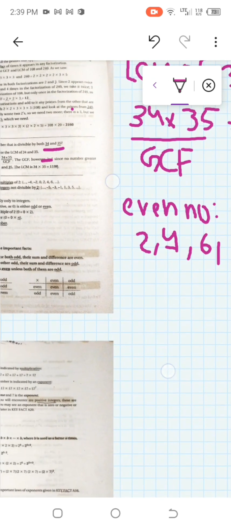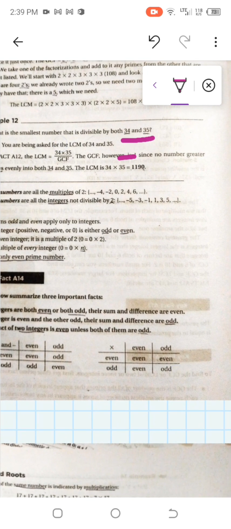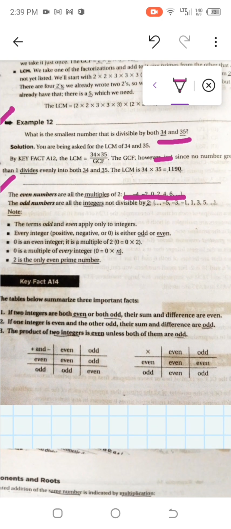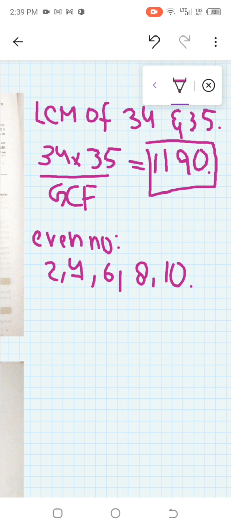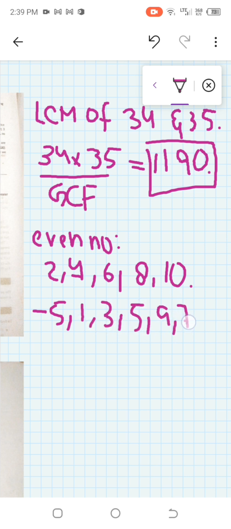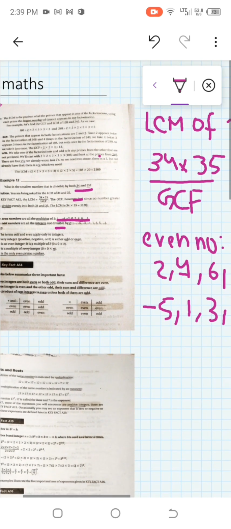And the odd numbers are all integers not divisible by 2. Let me tell you this, like -5, 1, 3, 5, 9, 7. These are not divisible by 2, so these are odd numbers.